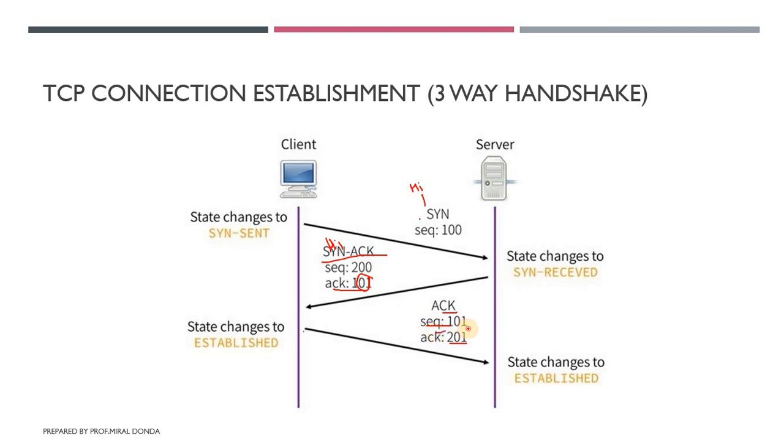It also sends a sequence number 101 here. So now on both the client side and the server side the acknowledgement is received, so the state on both sides is changing to established, and the connection was established. This is the whole process of the three-way handshake.